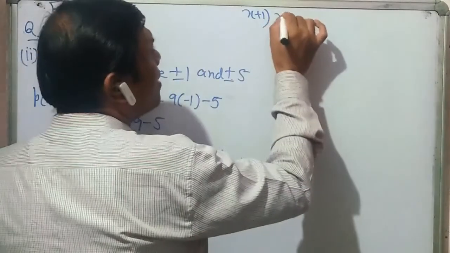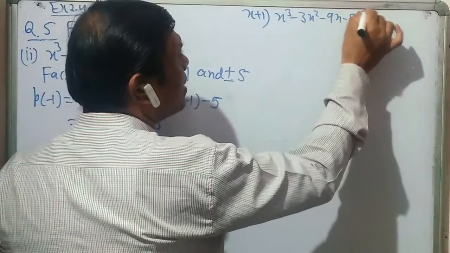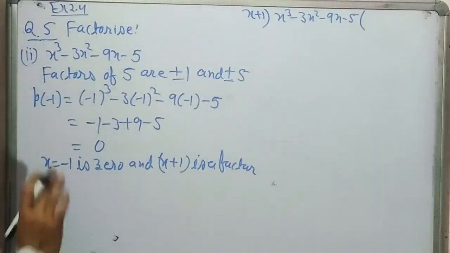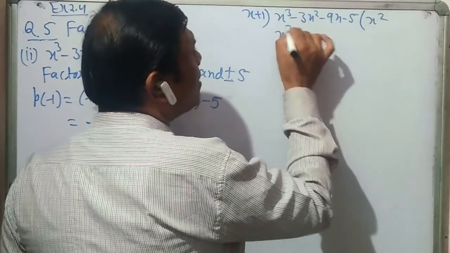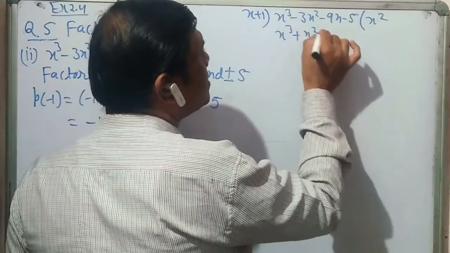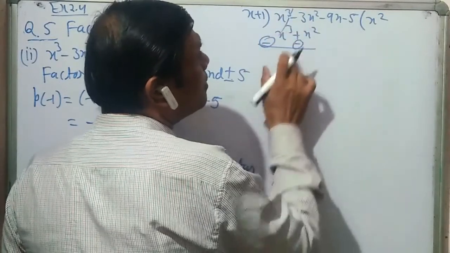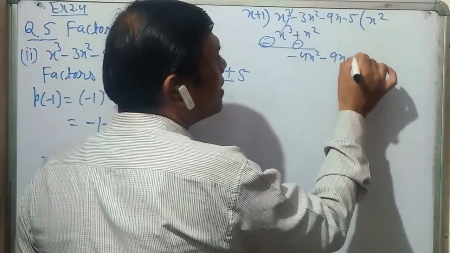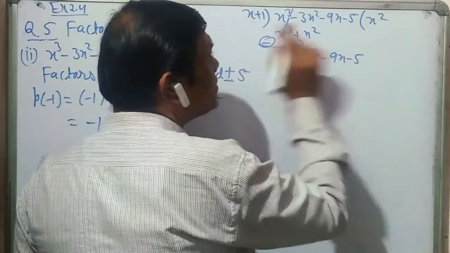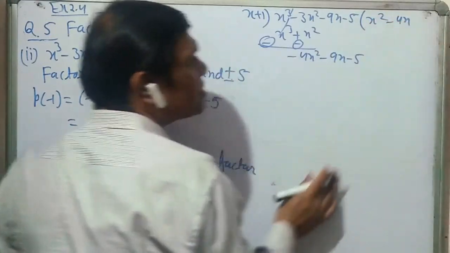We have to divide x cube minus 3x square minus 9x minus 5. Right? Do it fast. We'll have x square. What we get is x cube plus x square, minus 4x square minus 9x minus 5. Minus 4x square by x will be minus 4x.